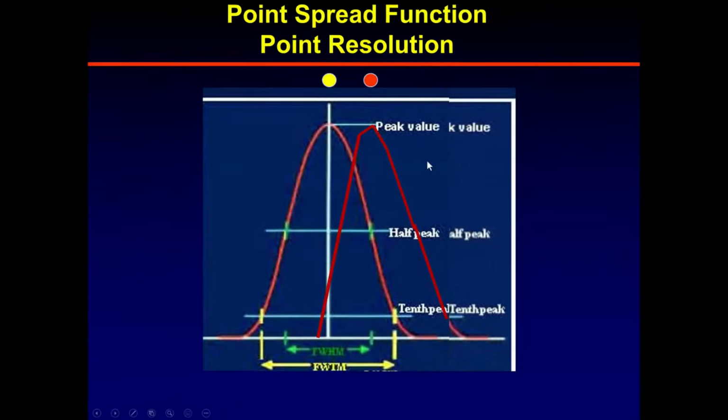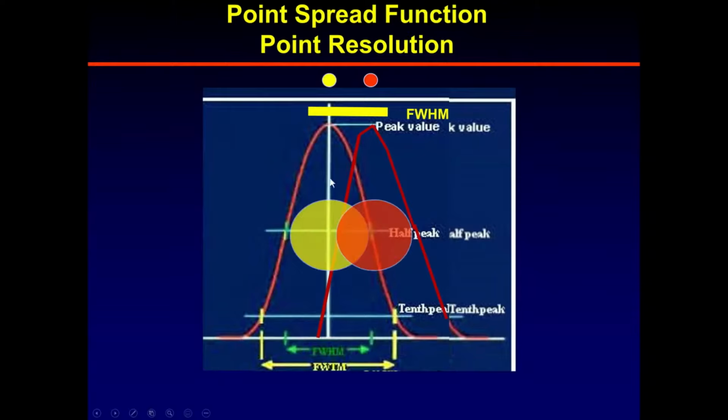Now let's take this example. We have these 2 points again, together. And again, we have the same full width half maximums. And the question is, can we discern or discriminate these 2 points if we were to image them? You can see that these points lie within the full width half maximum of both of these peaks.